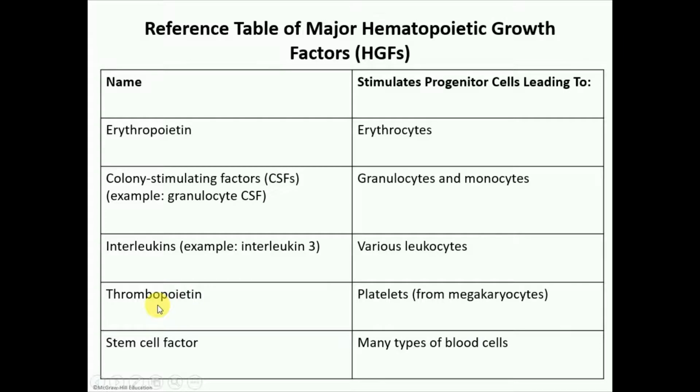Thrombo comes from the word thrombus or clot. So you would imagine that thrombopoietin will end up stimulating the making of platelets. And then the stem cell factor, which is one of the growth factors, is going to stimulate the making of different kinds of blood cells, because again, you're stimulating that stem cell at the very top.